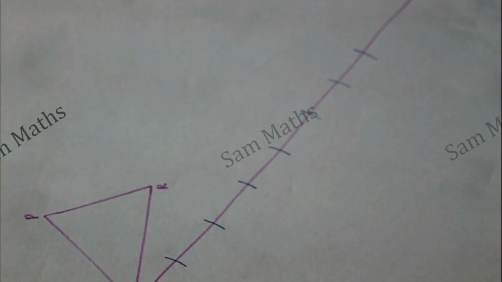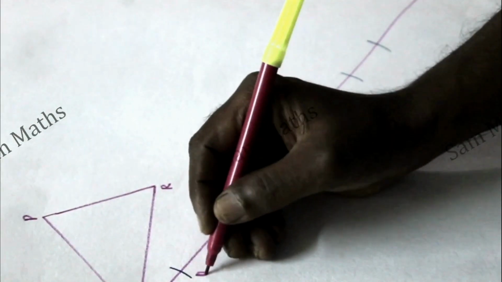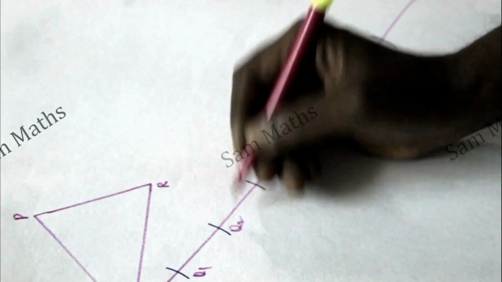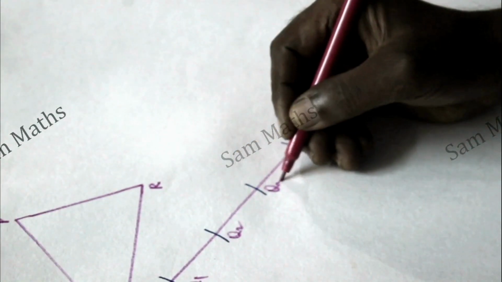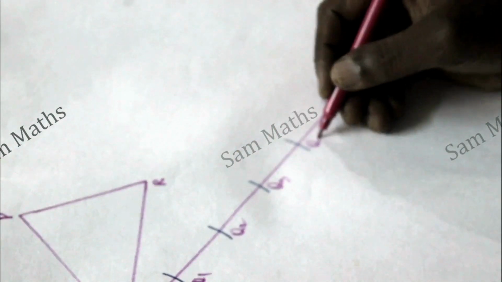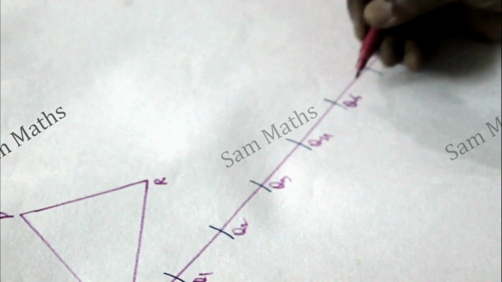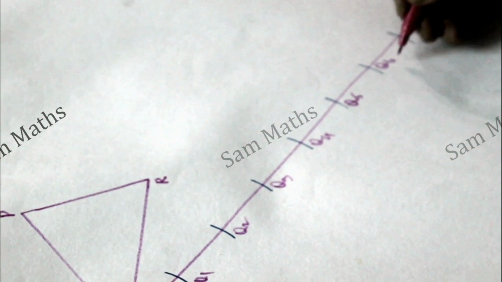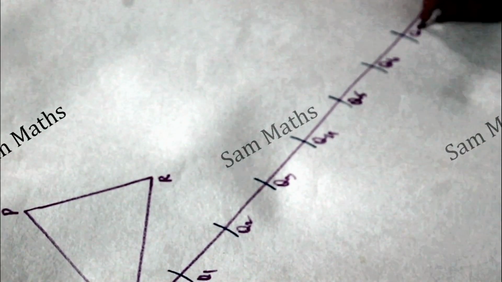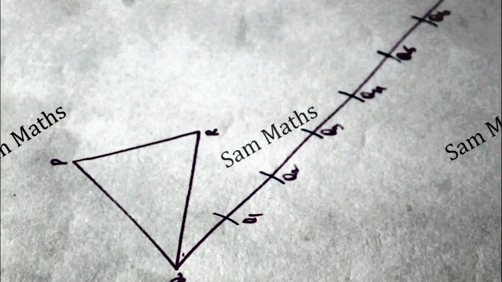Clear, children? Now this is Q1, Q2, Q3, Q4, Q5, Q6, Q7. These are the 7 arcs.